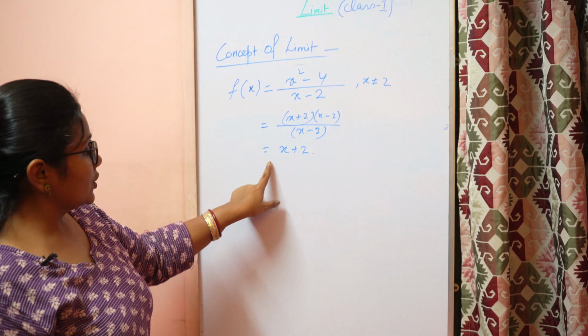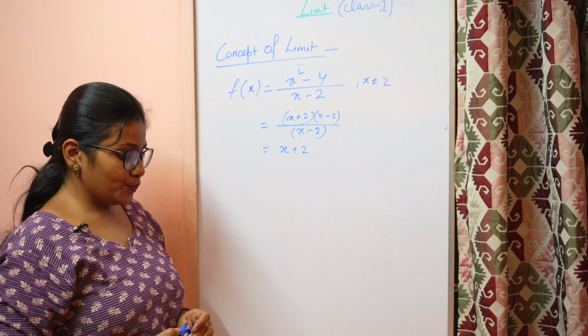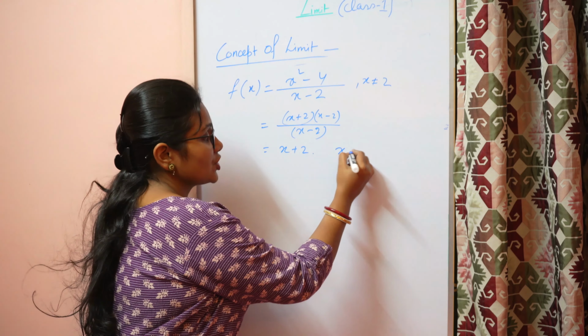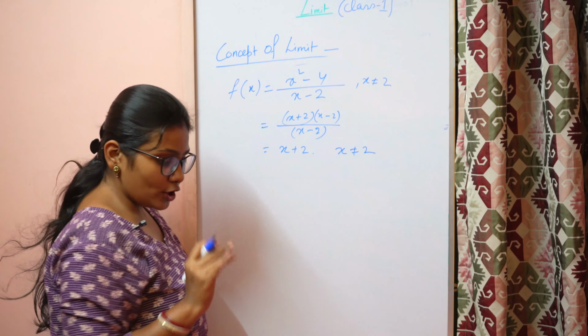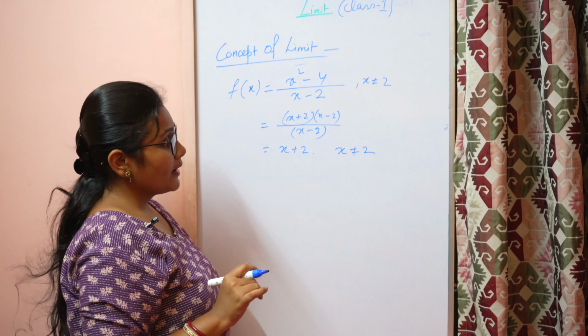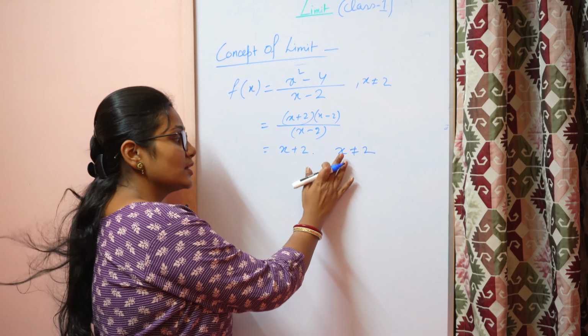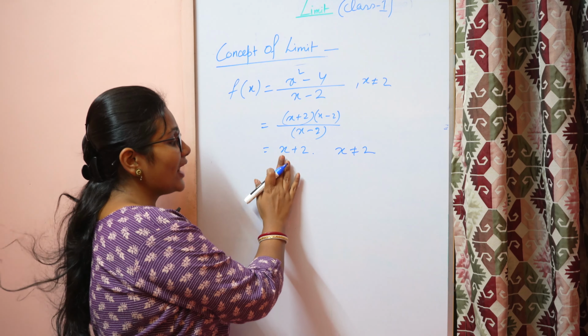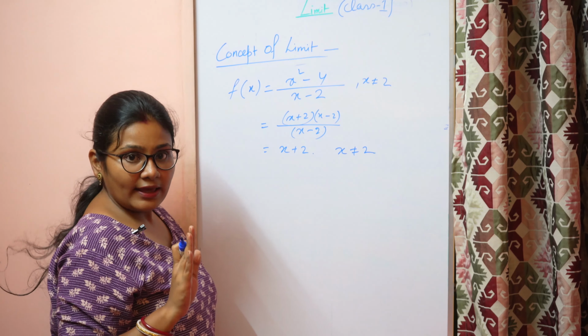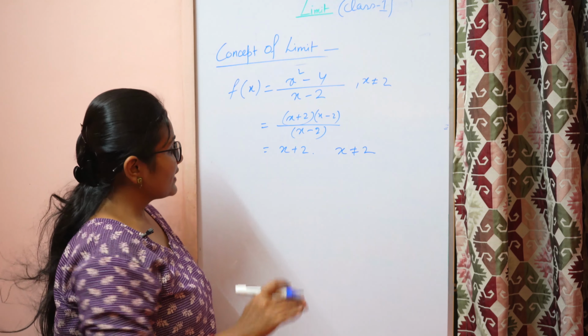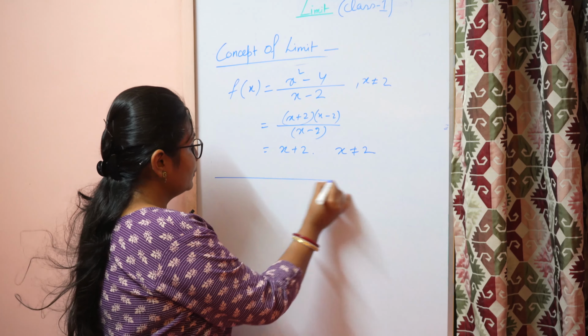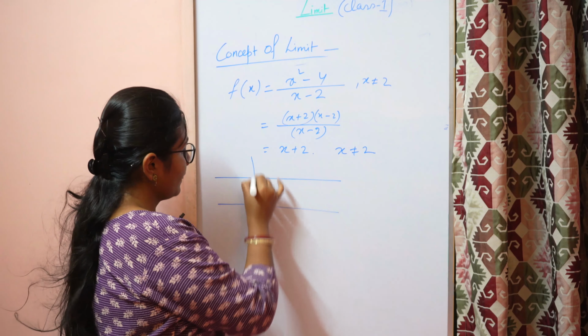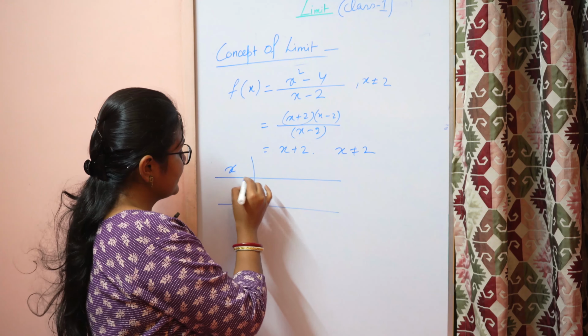So f(x) is equal to x plus 2. And here it is already mentioned that x should not be equal to 2. That means we can take the value of x anything except 2.